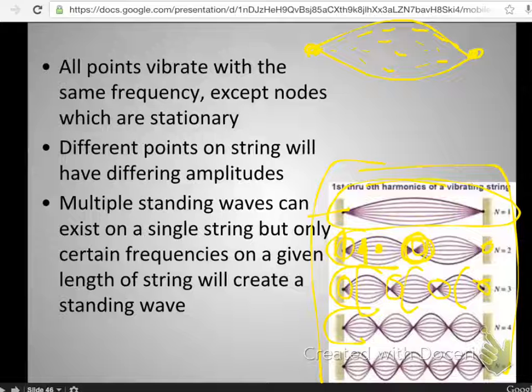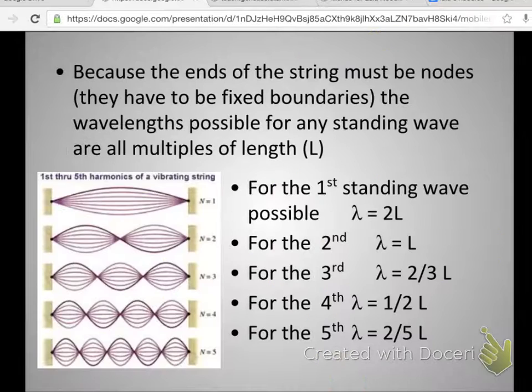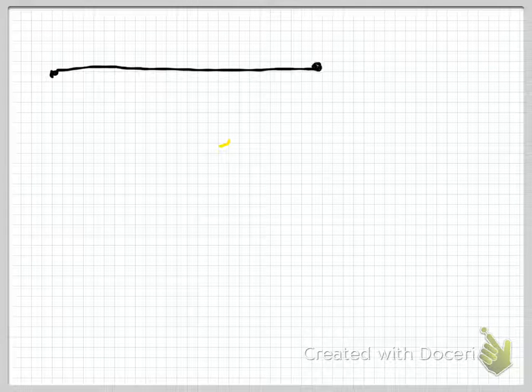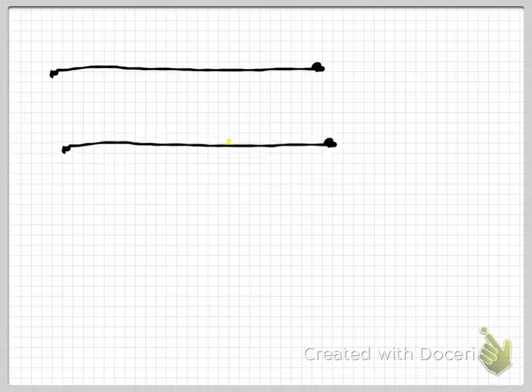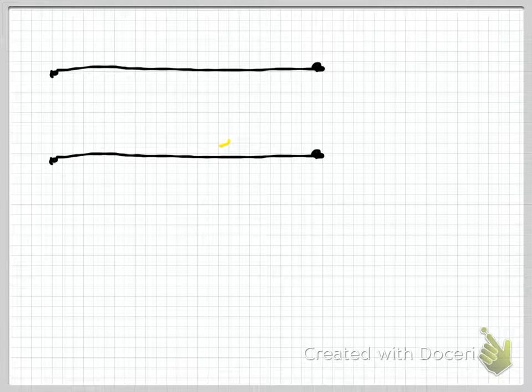So, we get standing waves. Let's actually not do this slide. Let's talk this through real quickly. If I have a string of that length, and I'm going to copy this string repeatedly, because this makes no sense, I think.